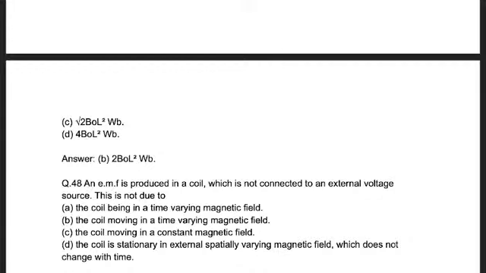Correct. The answer is D. The coil is stationary in external spatially varying magnetic field which does not change with the time.